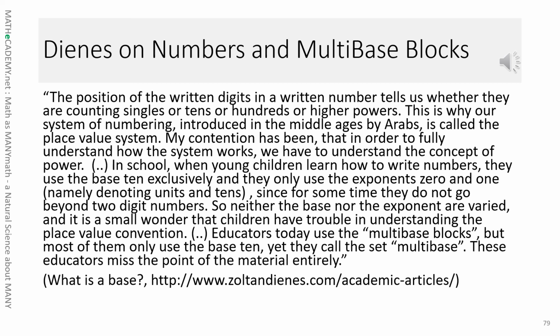In school, when young children learn how to write numbers, they use the base 10 exclusively and they only use the exponents 0 and 1, namely denoting units and tens, since for some time they do not go beyond 2-digit numbers. So neither the base nor the exponent are varied, and it is a small wonder that children have trouble in understanding the place value convention.